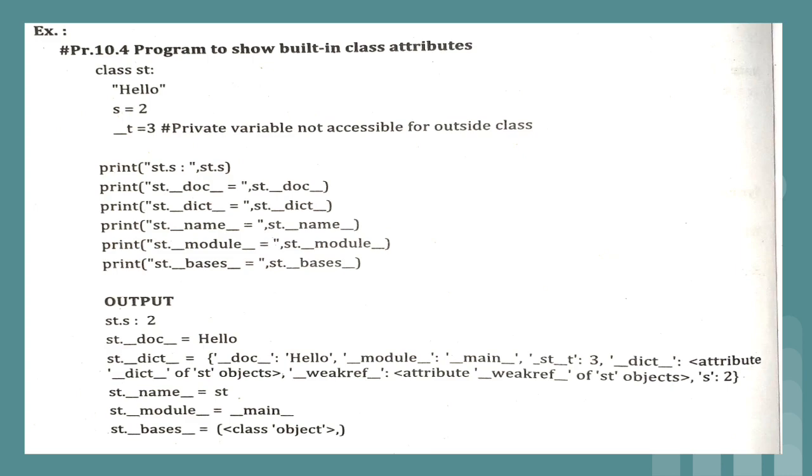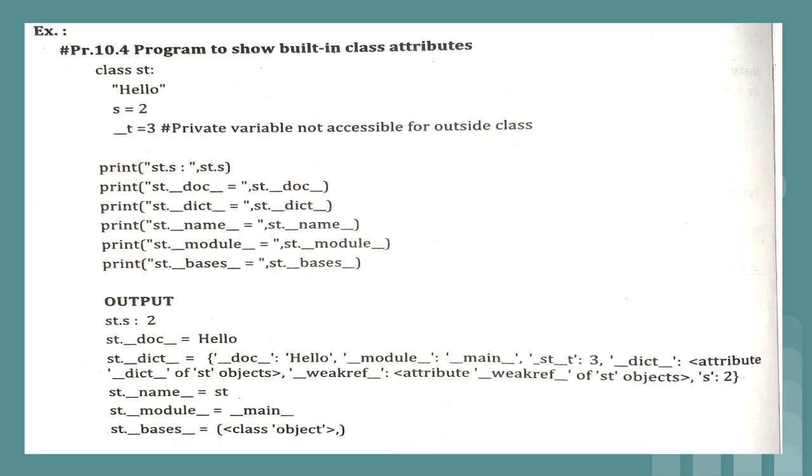The second key is module and its value is main. Then we have st._t, which has 3 as a value. Then we have dict as a key, which has the attribute dict of the st object. So dict gives you the result in the form of a dictionary, in which it displays all the information about the class and its object.